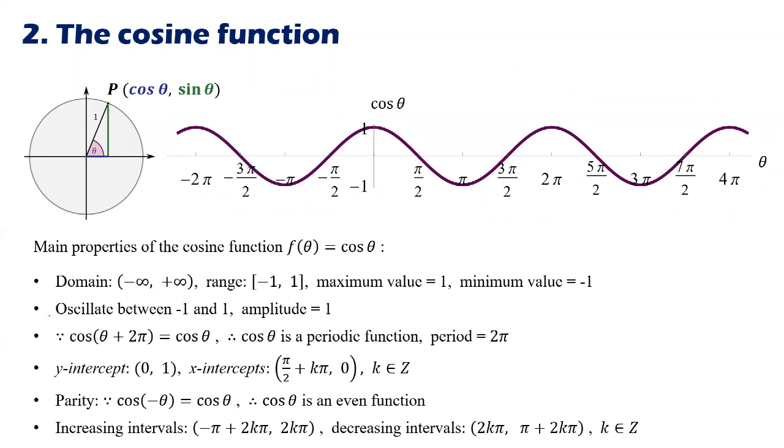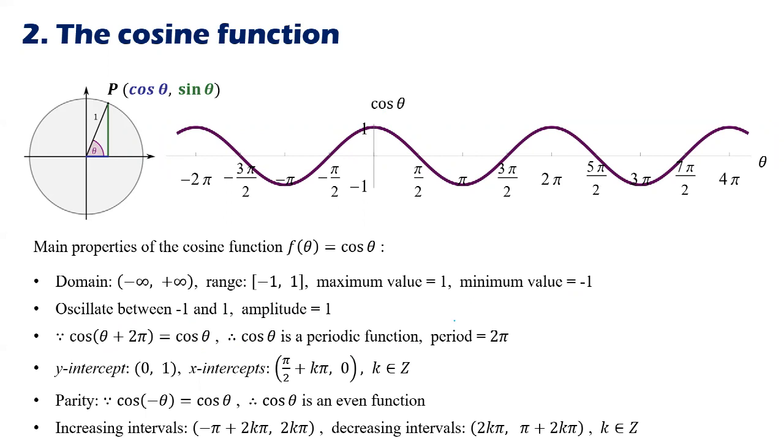And again, similar to the sine function, the cosine function oscillates between -1 and 1, and the amplitude is 1. Because cosine of theta plus 2 pi is cosine theta, cosine theta is also a periodic function. The period is 2 pi.